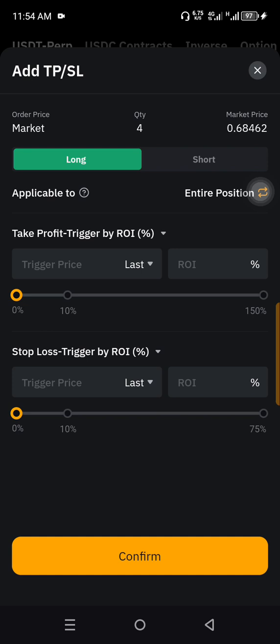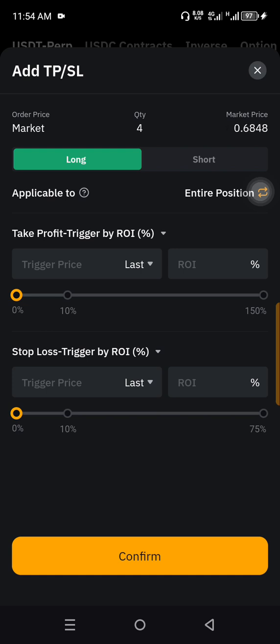That's what you mean by taking TP. If the market is so good and reaches that 100%, it will automatically stop. Do you get me? The market will automatically stop.